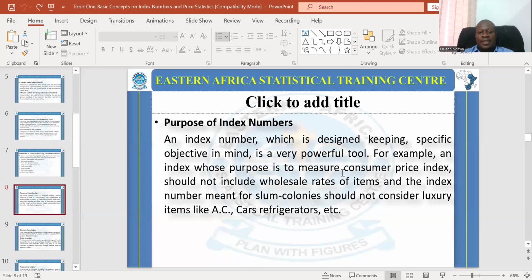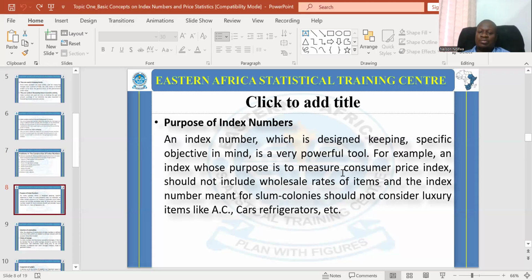So an index number, actually, is designed keeping a specific objective in mind. So you need to have it specific in mind because this will be a very useful tool to measure the economy. So you should first specify the purpose of the index number. For instance, if you want to measure the consumer price index, this is the purpose of the index number.